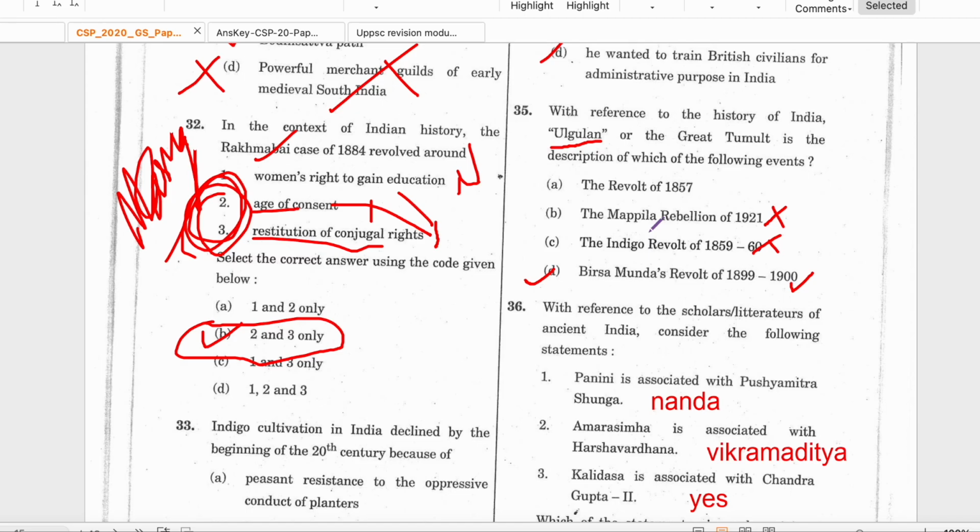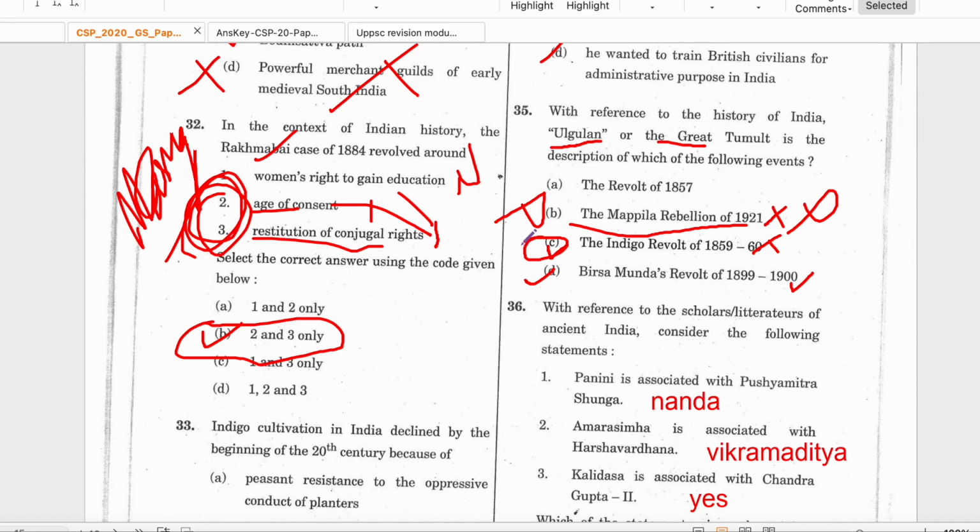The first option is the revolt of 1857. Okay, the Mapila rebellion of 1921. There was nothing great in the Mapila rebellion, it is a controversial thing. So it does not satisfy great tumult, so this option should be wrong. The Indigo revolt, though it had a massive impact, was a localized struggle with very targeted grievances.